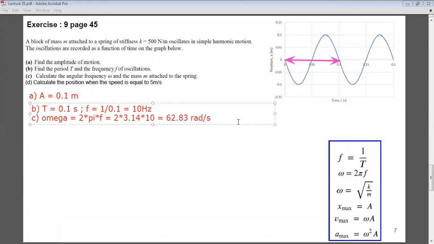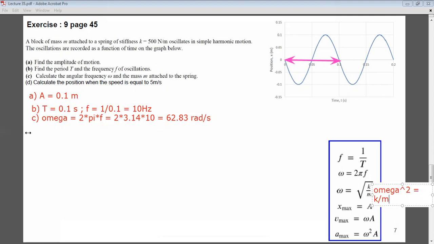Then find the mass attached to the spring. Here we found omega, and now it's asking for m. I have to remember this formula: omega is the square root of k over m, which is the same as omega squared equal k over m. So I use this equation.